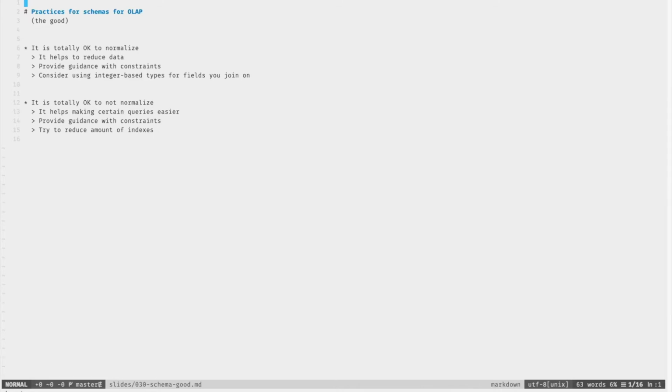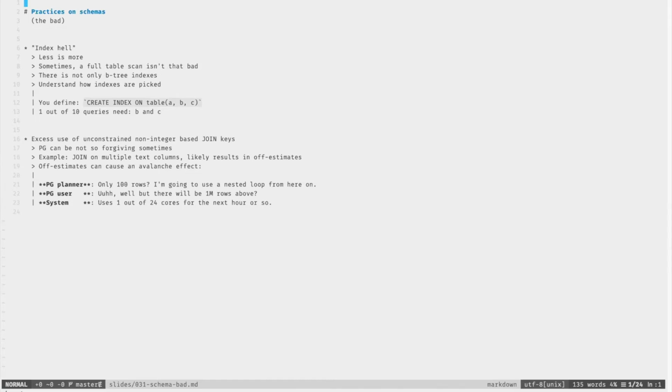If the planner has to consider too many indexes, your planning becomes slow, and there's a likelihood that you get a suboptimal plan in the end. So in that case, you want to constrain the freedom a bit and try to reduce your indexes as much as possible.